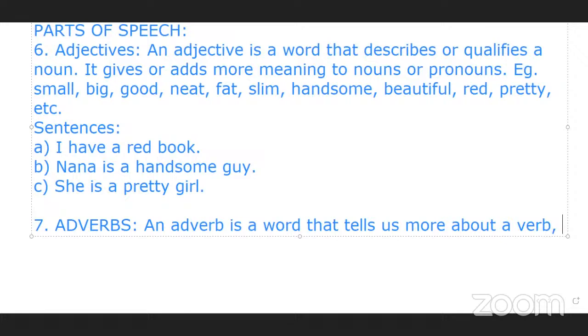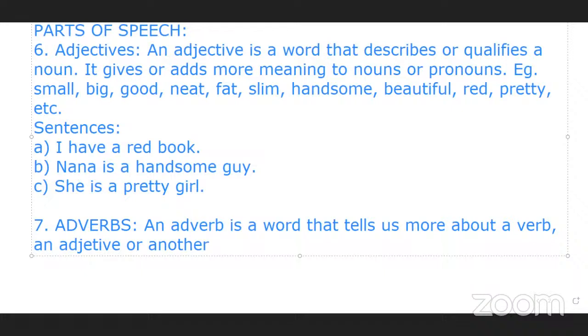So like you said, an adverb tells us more about a verb. It can tell us more about an adjective. And it can also tell us more about another adverb.